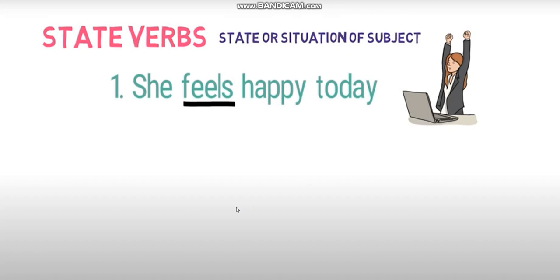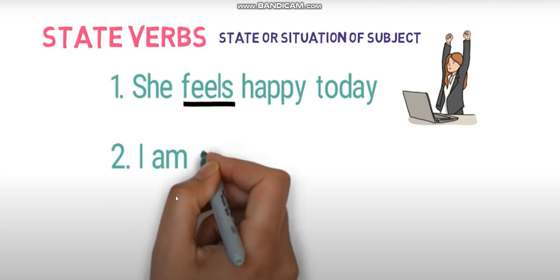What is she feeling? She is feeling happy today. So feels is a state or a situation of a subject. What is the subject feeling? The kind of sentiments a subject has. Okay, so feels is a state verb.